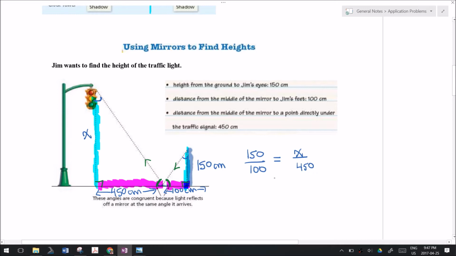So x is on top, so what I need to do is divide 150 by 100, which I know is going to be 1.5. Multiply that by 450, and that should give me the value of x. So the height of the tower is 675 centimeters.